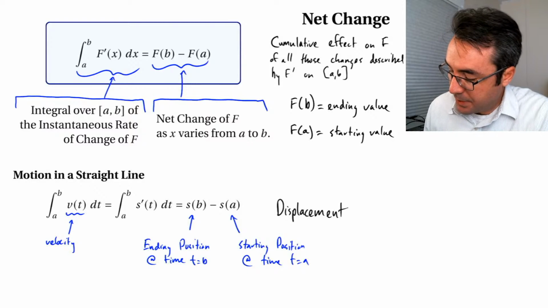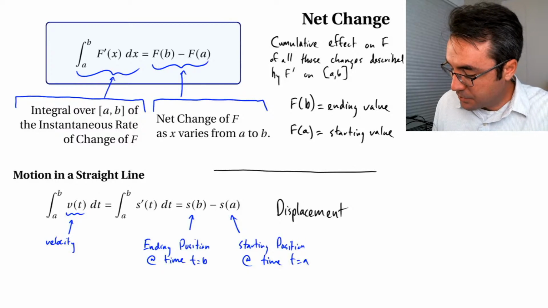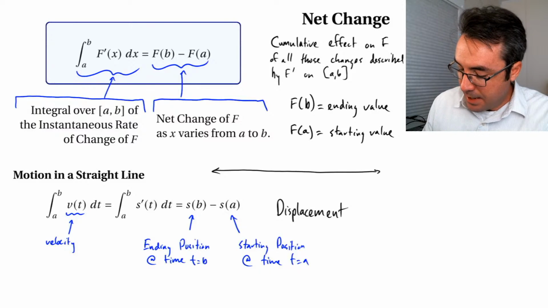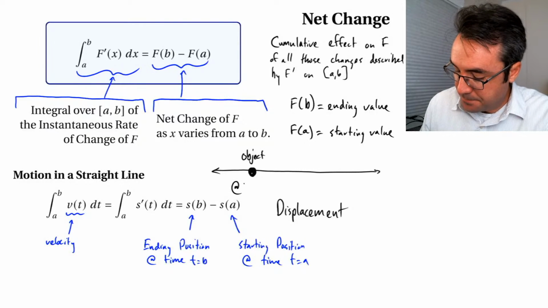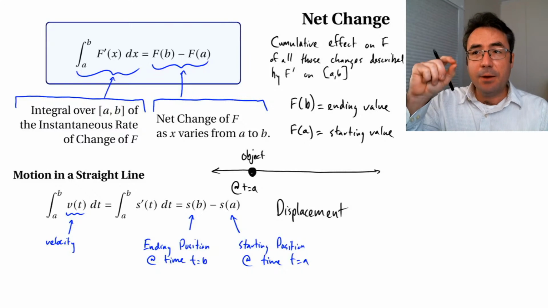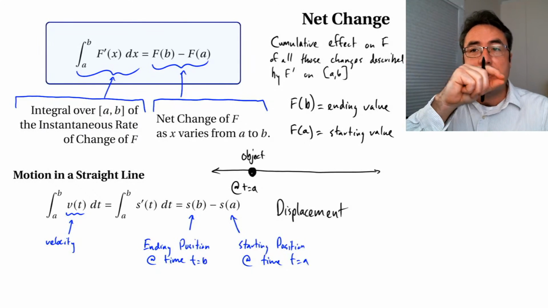So let's look at a little picture. Let's say we had our straight line here, and let's say this is our object at time t equals a. And what's going to happen is that object's just going to move back and forth on that line.